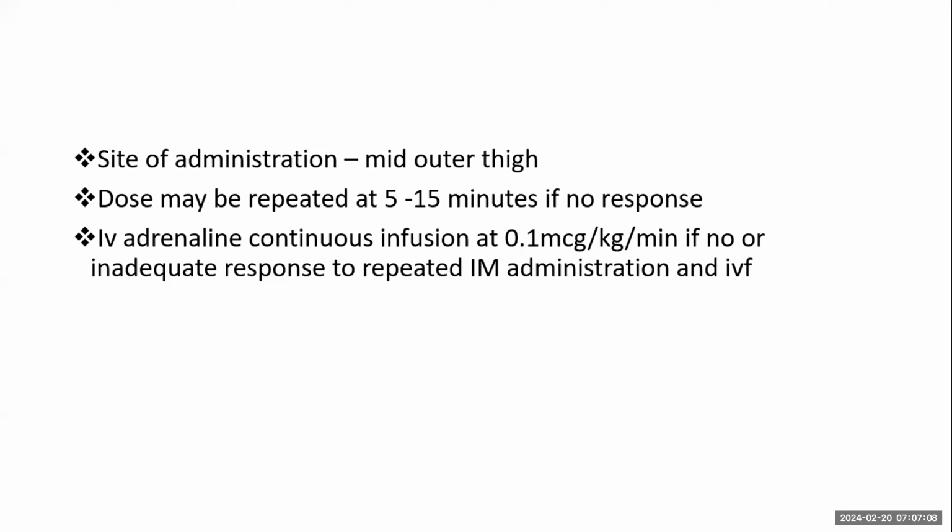The site of administration is mid-outer thigh. The dose may be repeated at 5 to 15 minutes if no response. IV adrenaline continuous infusion at 0.1 per kg per minute if no or inadequate response to repeated IM administration.